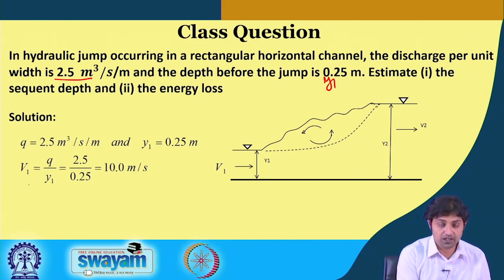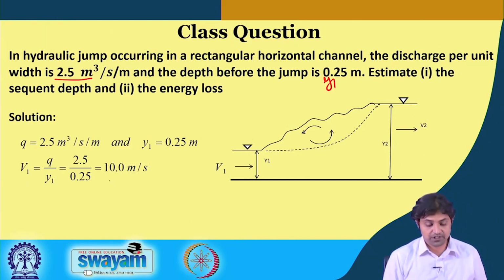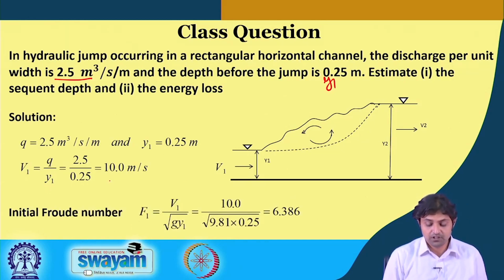So, v1 is q by y1, which comes to be 10 meters per second, and if we know v1 we can calculate the initial Froude number, that comes to be 6.386. This means we definitely will have a hydraulic jump, because the Froude number is greater than 1.